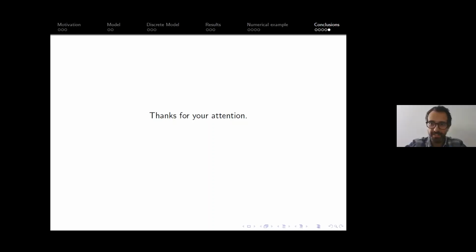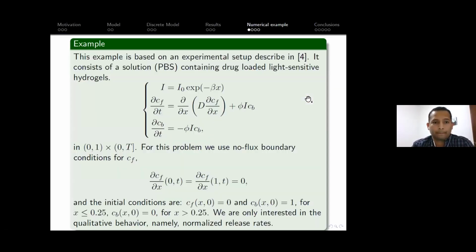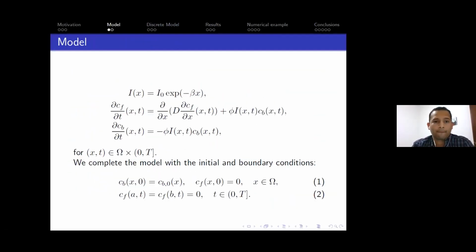I have one. Okay, Pascual. In the beginning, the intensity, does it depend on time or not? Can you share with us the mathematical model, please? Here, does I depend on x and t in the second equation, or only on x?